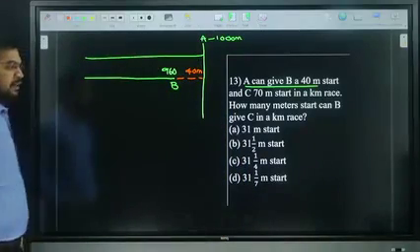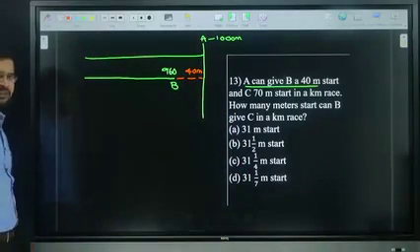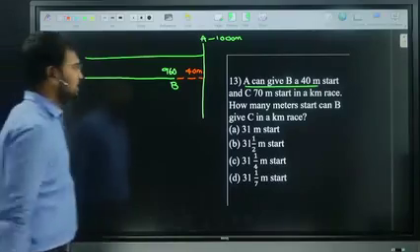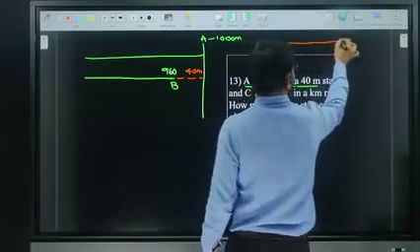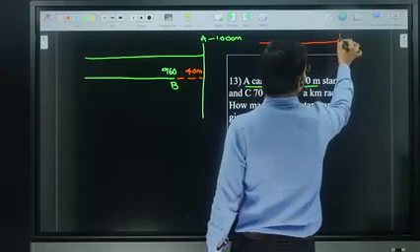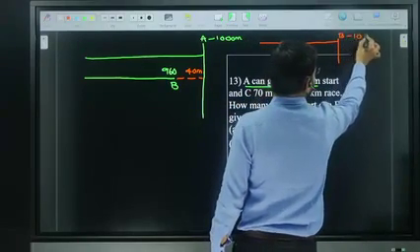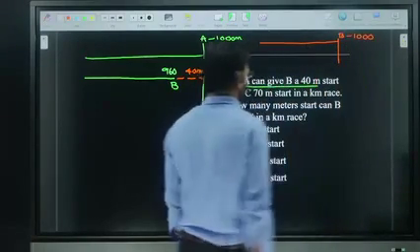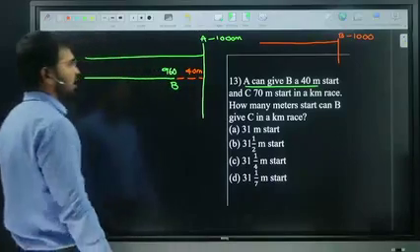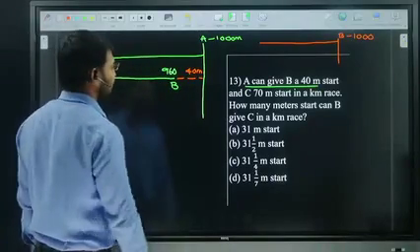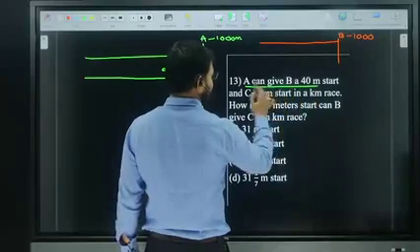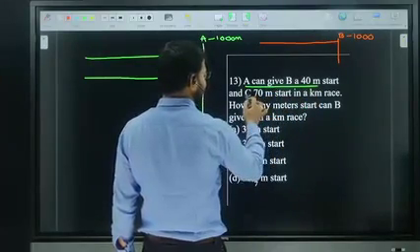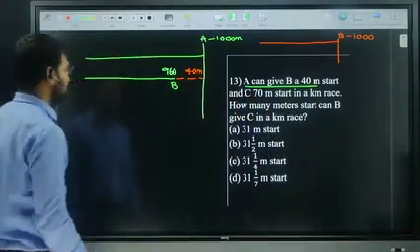All of you clear? Have you understood? What is the question? Whenever B reaches the destination, 1000 meters, they're asking about C. In the first race, A can give 40 meters start to B and 70 meters start to C. And C reaches up to where?